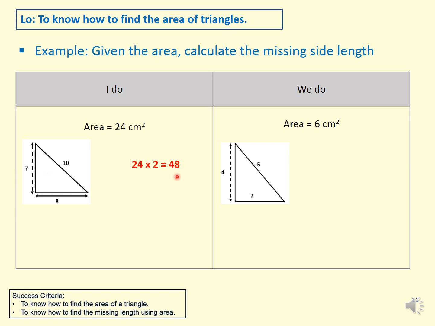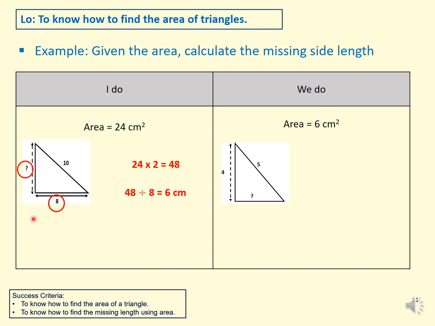So that 48 was the multiplication between a number and 8, and I'm looking for this number in here. So which means if I do 48 divided by 8, I get the other one. So 48 divided by 8 is equal to 6. So which means that the missing length in here is 6 centimeters.